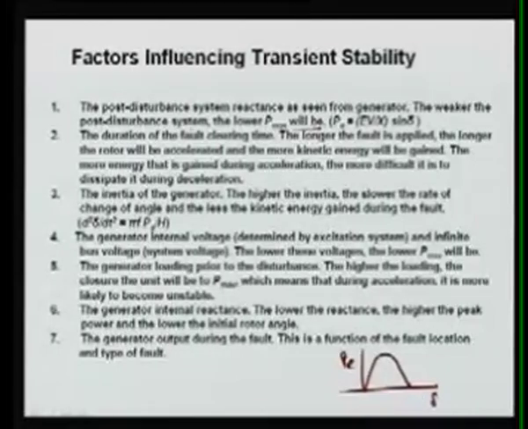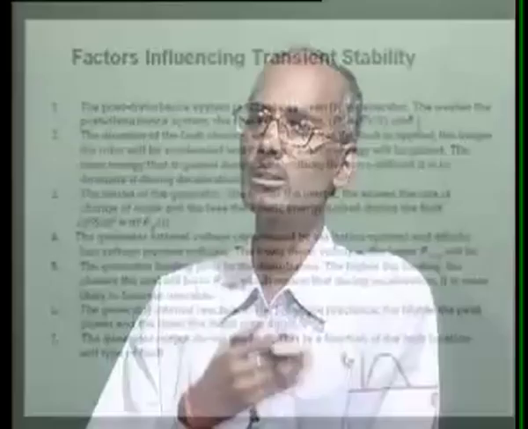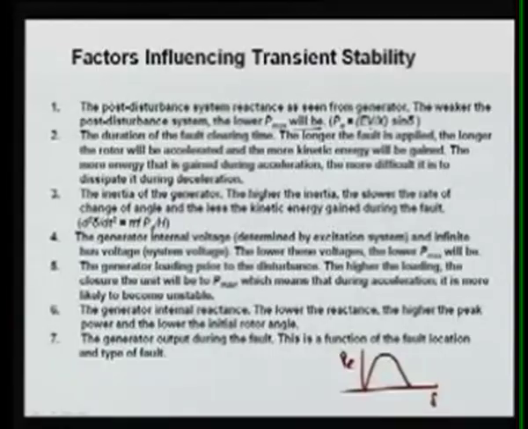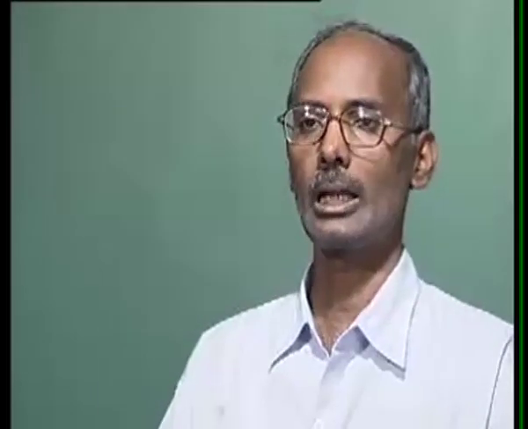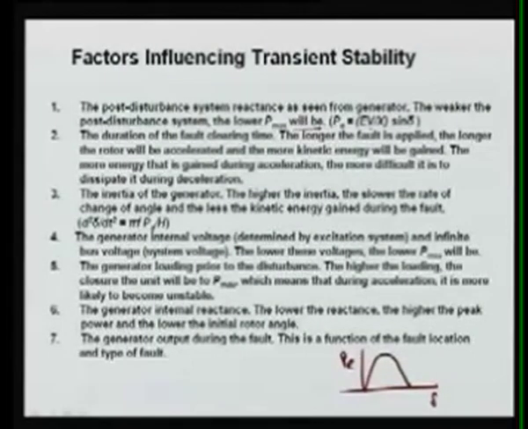Now, the post-disturbance fault: we saw that once one line was tripped, we had less stability margin, as I explained at that time. If the system is intact, then your X is less and this Pmax will be higher, so your system will have more stability margin and will be more stable. If the post-disturbance system reactance seen by the generator is the same as the pre-fault, then it is better.